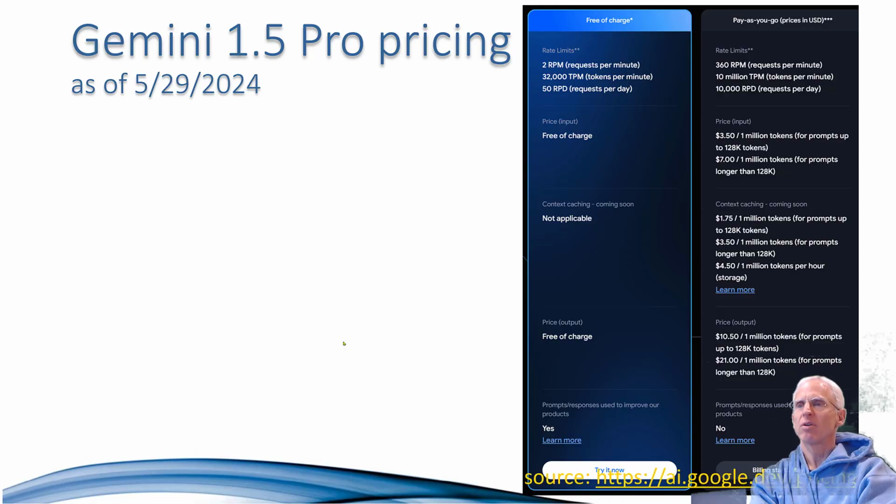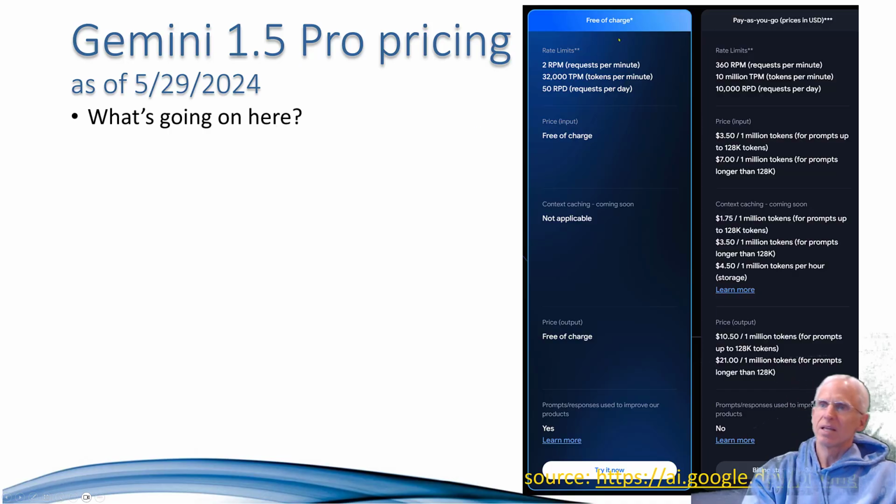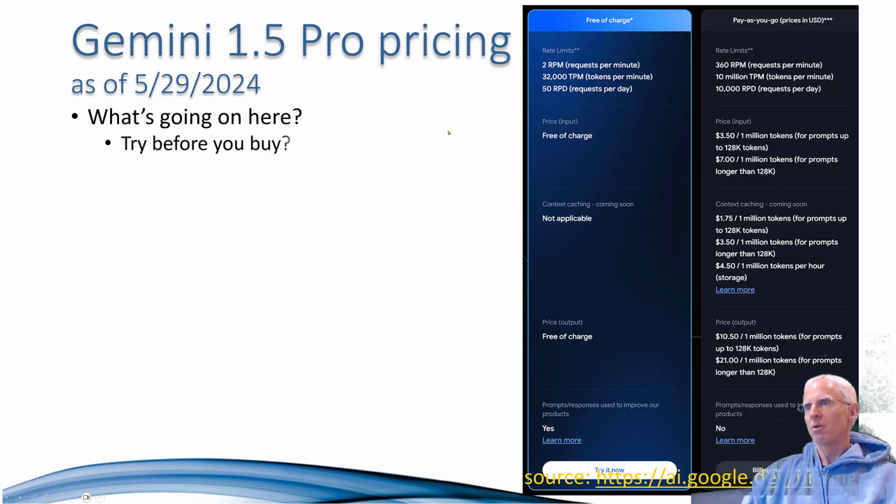Gemini 1.5 Pro, there are the prices again. You have a free tier or pay-as-you-go tier. They have rate limits: 2 requests per minute, 32,000 tokens per minute, 50 requests per day. Wow, that's not very many. So, try before you buy. The idea is that you come in with the cheaper one. Again, this is mid-2024.